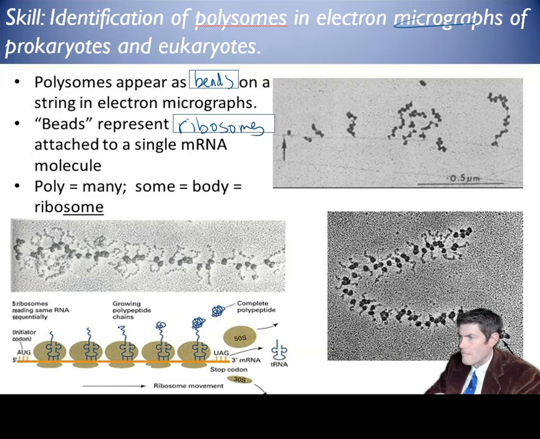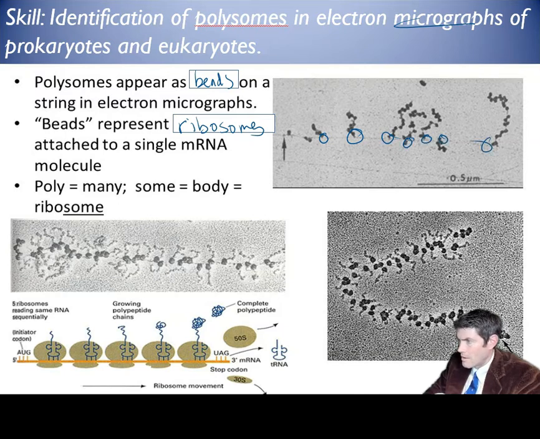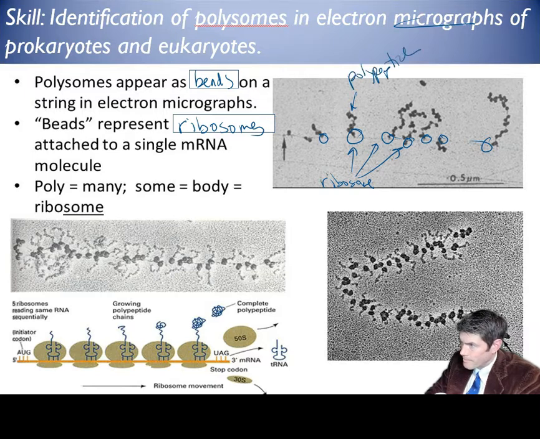So here we got a ribosome there. That's where we have several ribosomes all attached. And you can see this is the polypeptide being produced. A little graphic right there showing that.